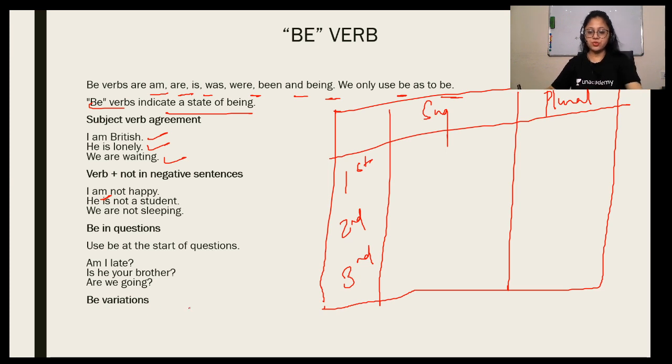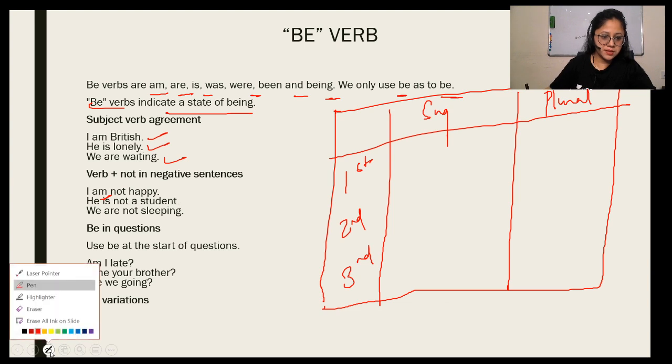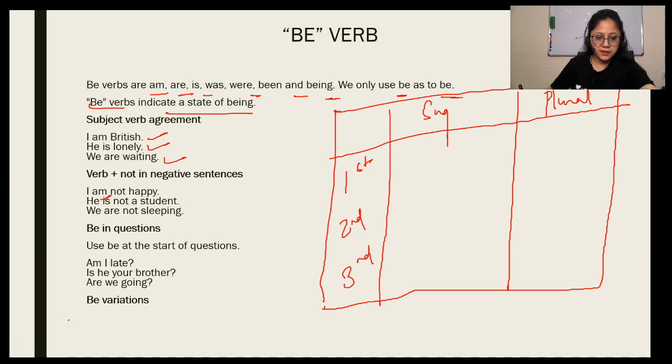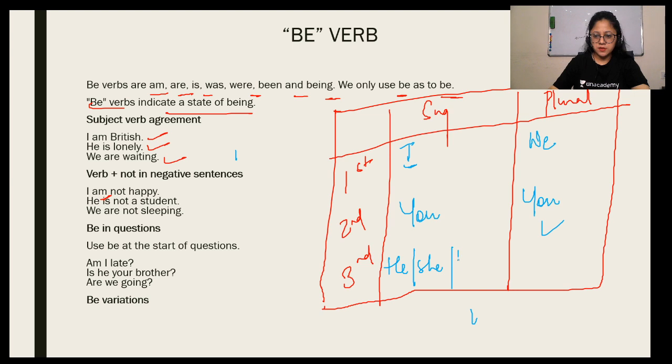So what I'm going to do is change the color of the pen so that you can easily understand. So first person is I, singular, plural is we. Second person you, singular, you, plural. Third person he, she, it, and then we've got they.